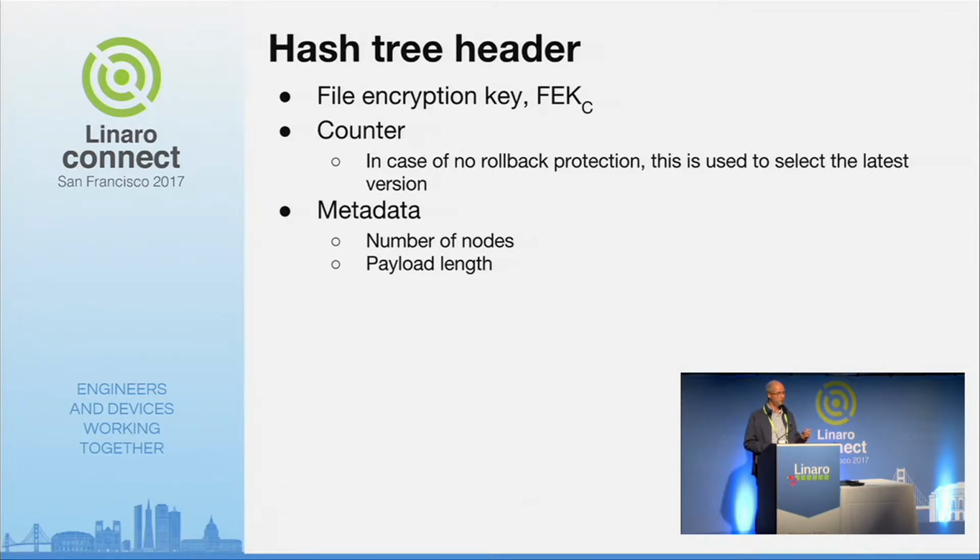I mean, it's the key that is used to decrypt the object in the end, but it's stored in the file, and a counter, which isn't really used for anti-rollback, but if you don't have anti-rollback, then you can find the latest generation of the header at least.